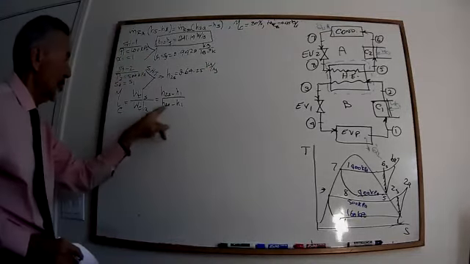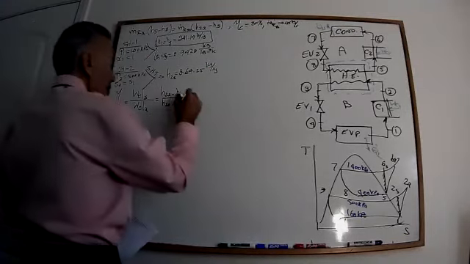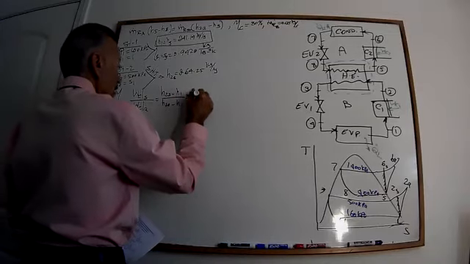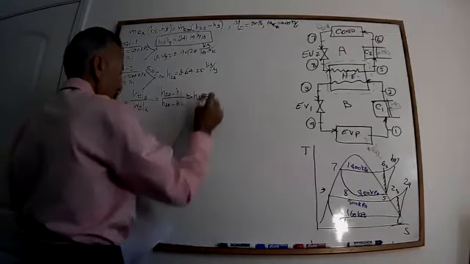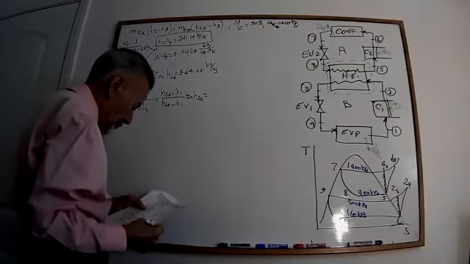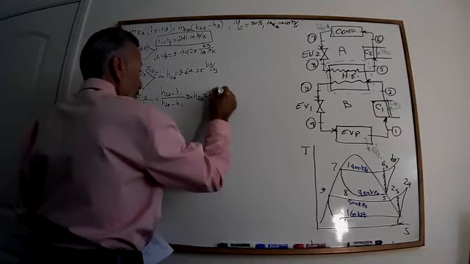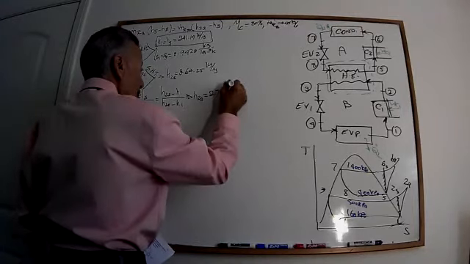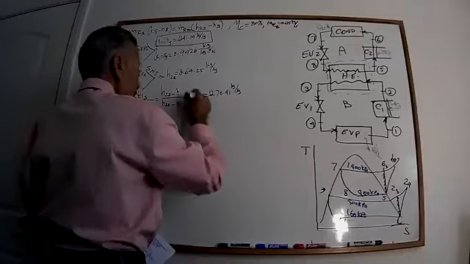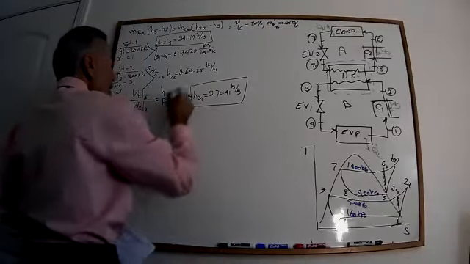The only unknown would be H2A. From there, I can find the value of H2A to be 270.41 kilojoule per kilogram. That's what I wanted.